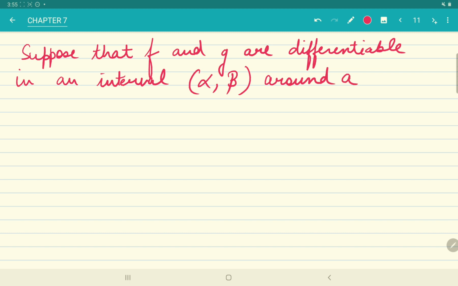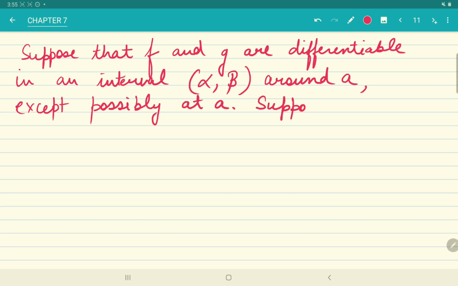We are not saying that they have to be differentiable at x equal to a. In fact, we write except possibly at a. So now we have weakened the requirement. Suppose that f and g are differentiable in an open interval alpha beta around a, except possibly at a.